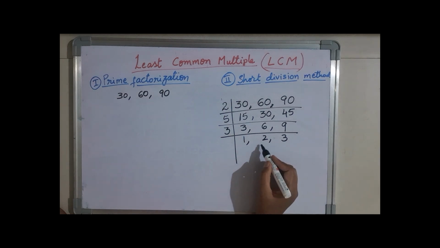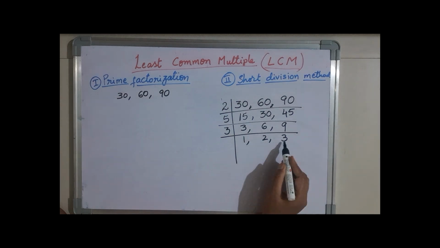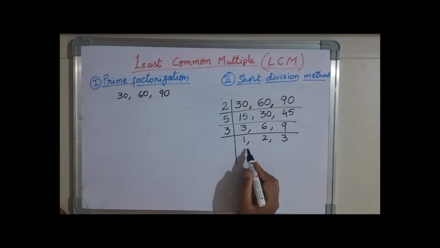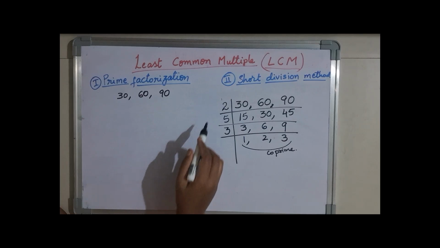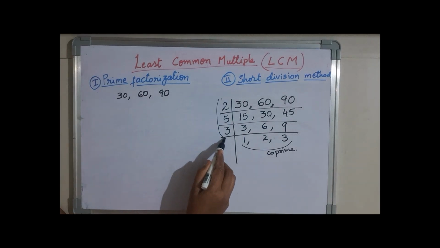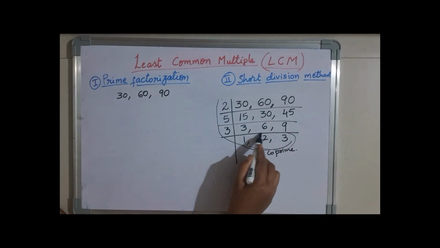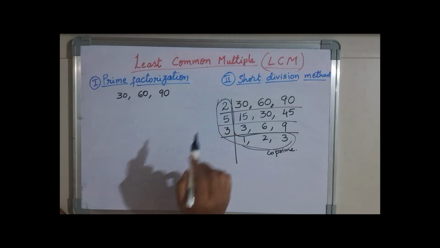Now here there are no common factors of these numbers. That means we got co-primes, so we have to stop here. Now all these numbers we have to multiply, and that will be our LCM.